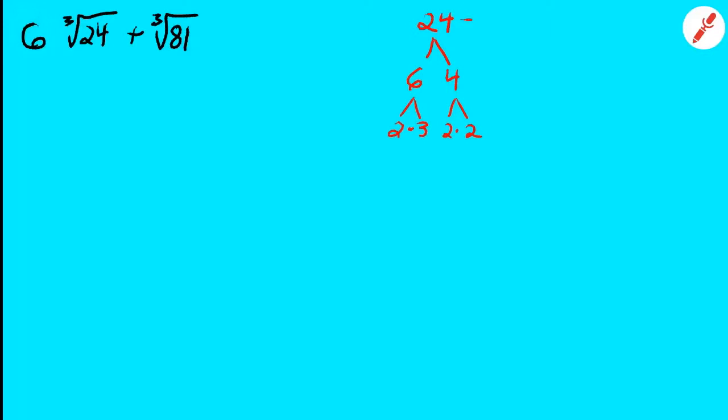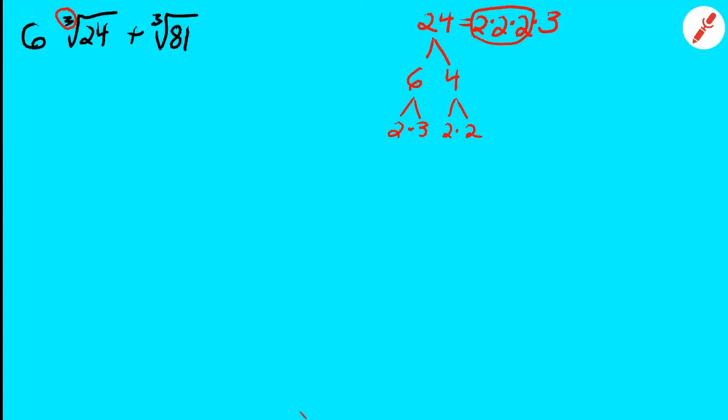So 24 equals 2 times 2 times 2 times 3. Look at this. The index is 3, which means we're looking for 3 of the same number, and here it is. There are 3 2's. So what does that mean? It means I'm stuck with red, is what it means.